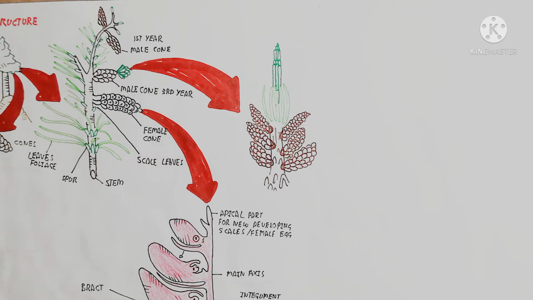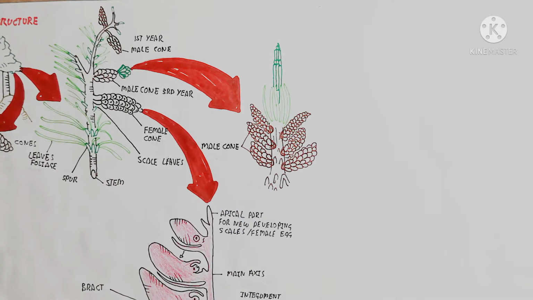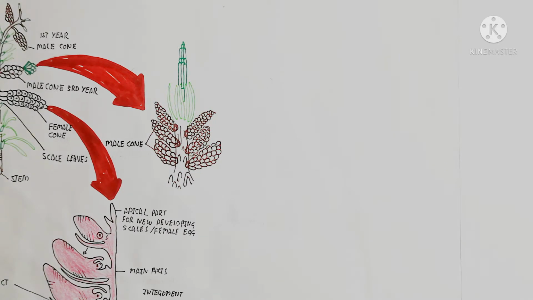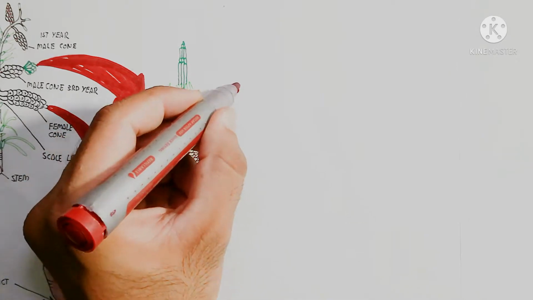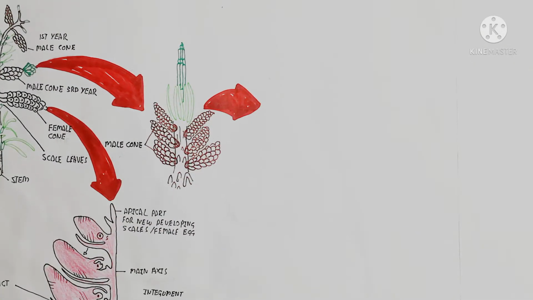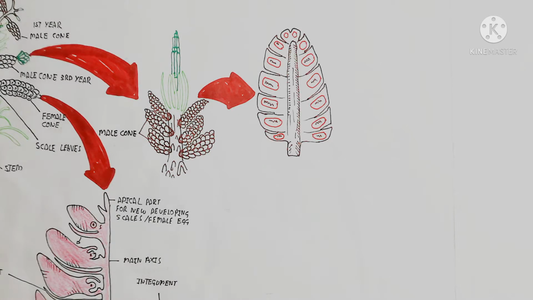Here is the male cone. The male cone basically has multiple male cones present, attached to the stem. The cross section of the male cone shows the significance of their structure. The male cone is also known as the microsporophyll, and this microsporophyll produces the microsporangia.